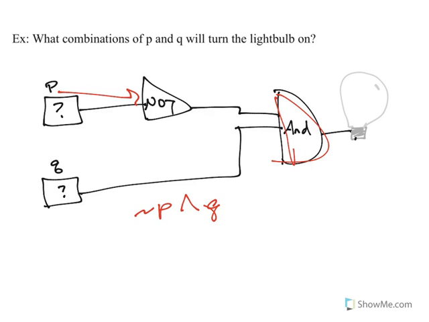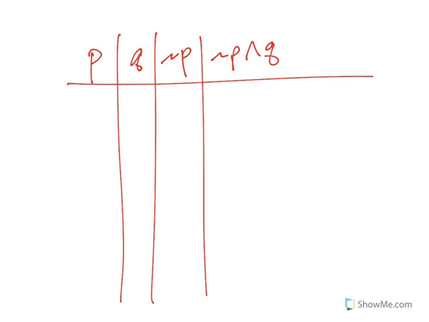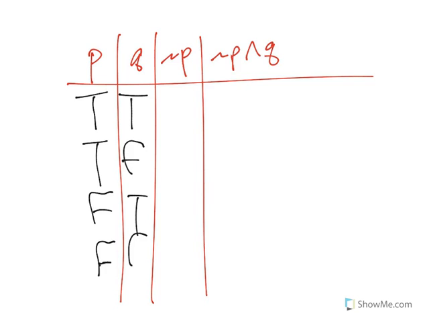All right? Now, we know that we need both of these to be true for the light bulb to turn on. So let's think about this. We have not P and Q. If we think about our truth table, actually, I'm going to give myself more room. So thinking through this, we know that the truth table starts true, true, false, false, true, false, true, false, right?